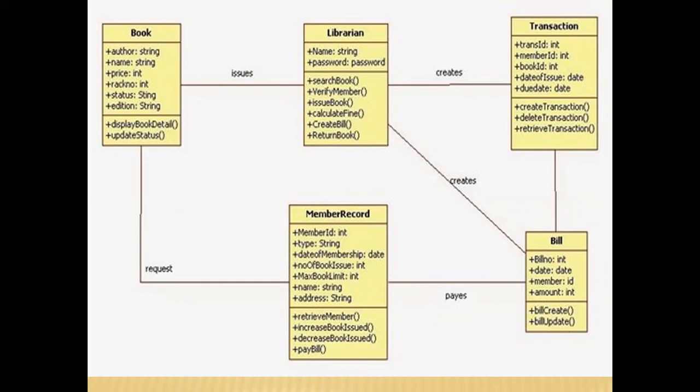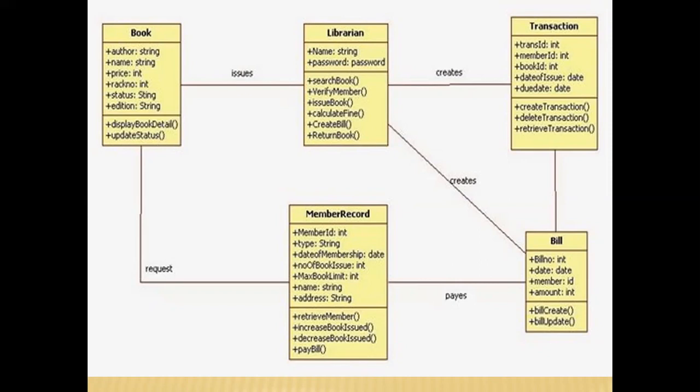Next, the member record. The member record means the student or faculty, and the student or faculty has some properties. Suppose the student has member ID, type of member, which means student or faculty, date of membership, number of books issued, maximum book limit, name of the member record, and address of the member record.